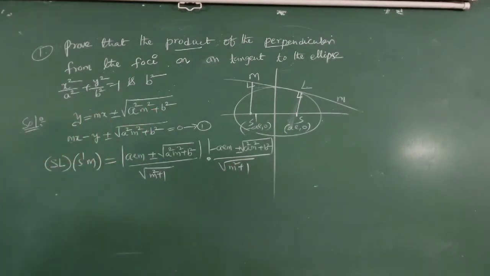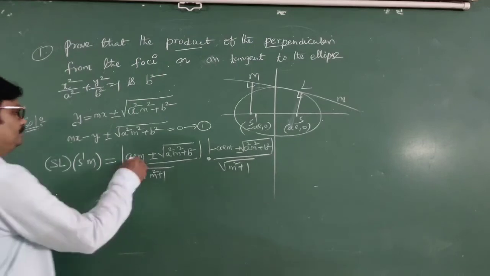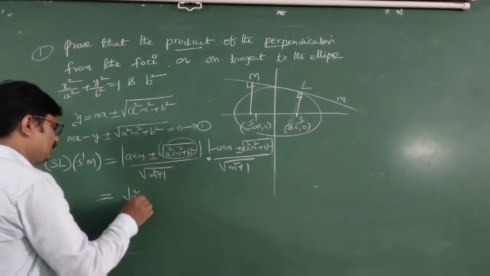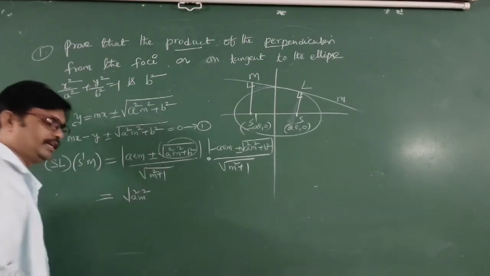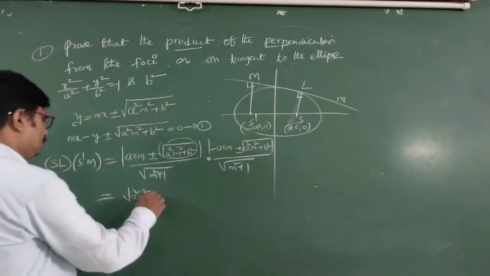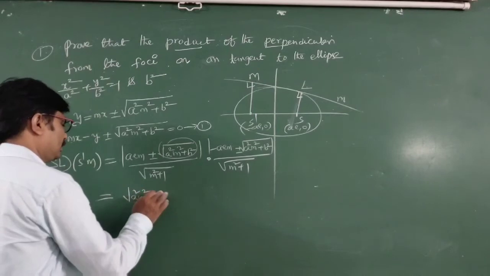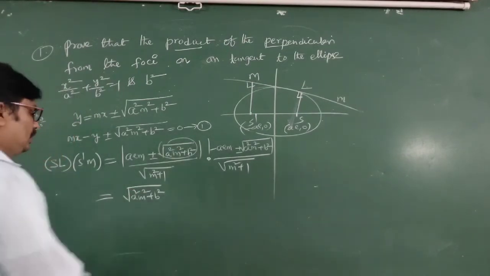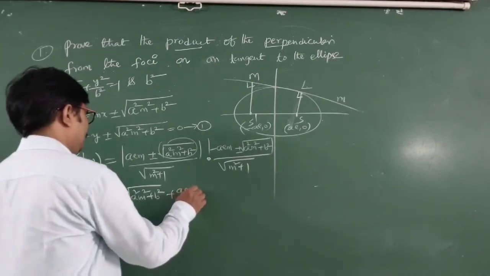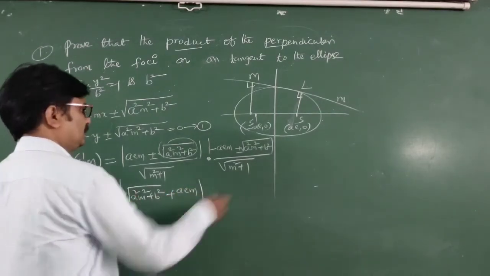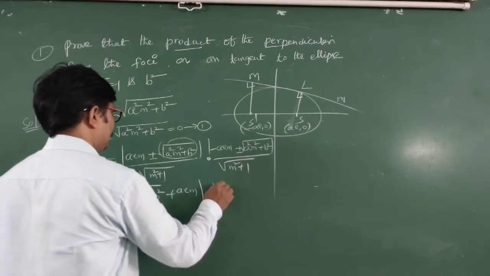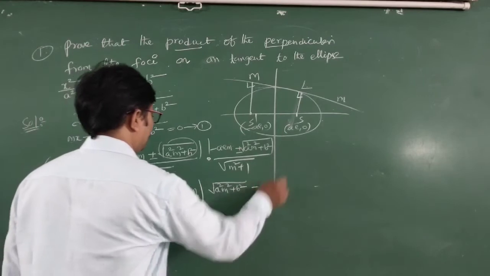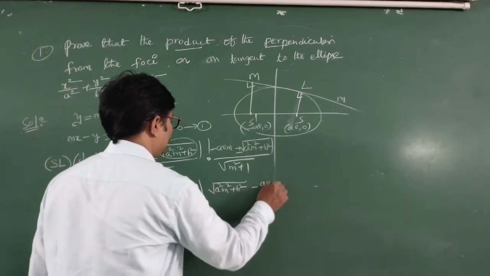Now, whichever sign you take, plus or minus, the expression is the square root of a square m square plus b square. Suppose we take the plus sign, then one distance is aem plus the root of a square m square plus b square, and the other is the root of a square m square plus b square minus aem.